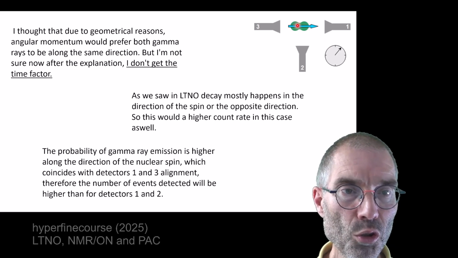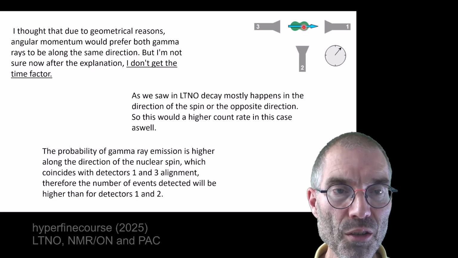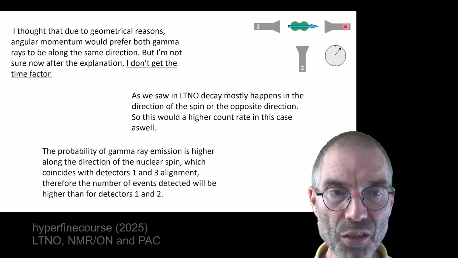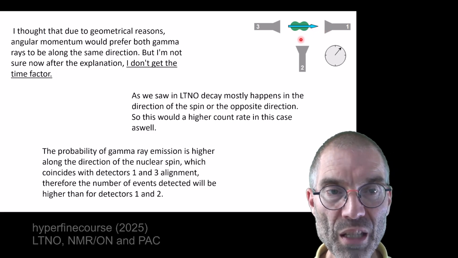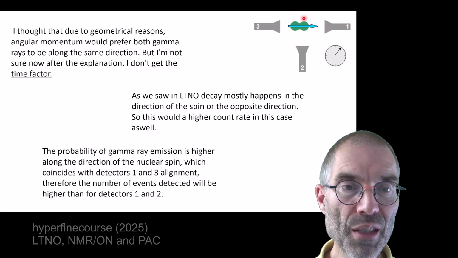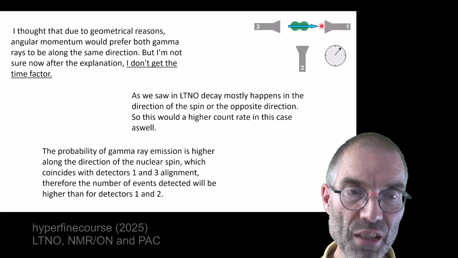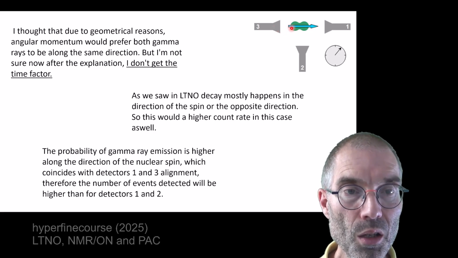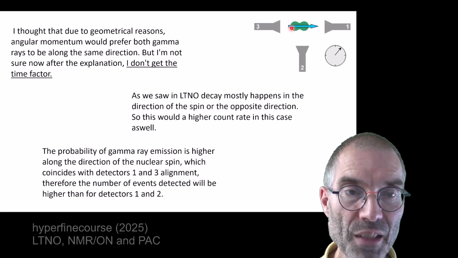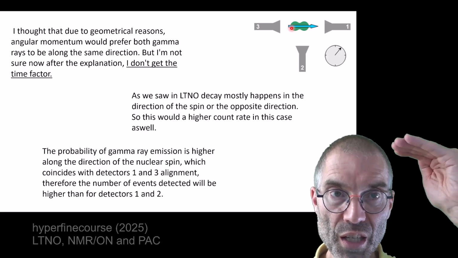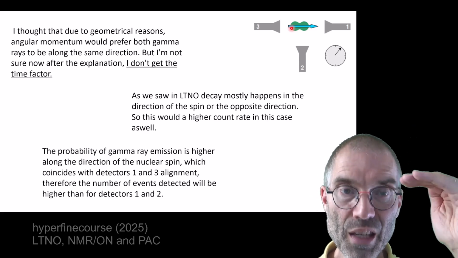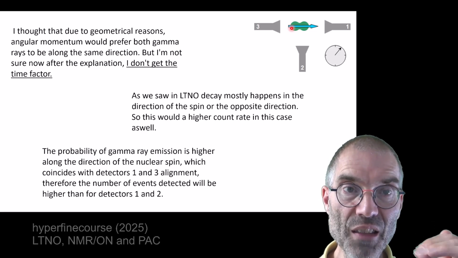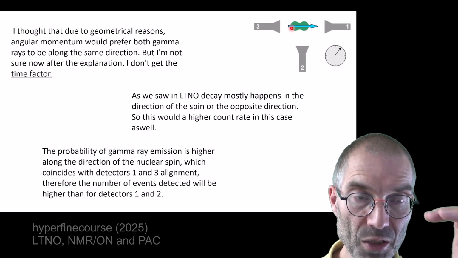So the clock is started by photon 1 that is emitted in the direction of detector 1. That therefore means on average a spin that is either pointing towards detector 1 or pointing towards detector 3. After that emission, the nucleus that was in a high state is in a lower state, the intermediate state of this cascade, where you have gamma 1, gamma 2.